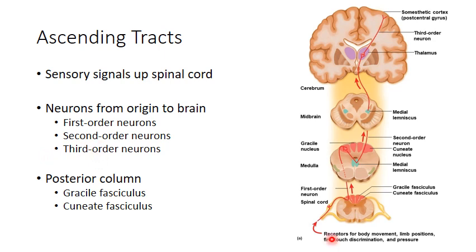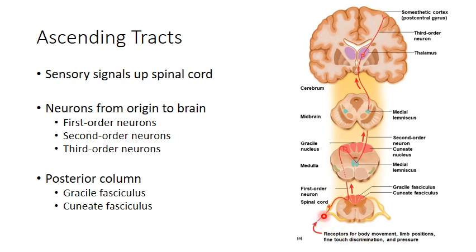our ascending tracts. In this case, our first order neurons are going to detect the stimulus and transmit it to the spinal cord or the brainstem. So here we have an example where we have receptors for body movement, limb positions, fine touch discrimination, and pressure. So one of these senses is being triggered, and here's our first neuron.